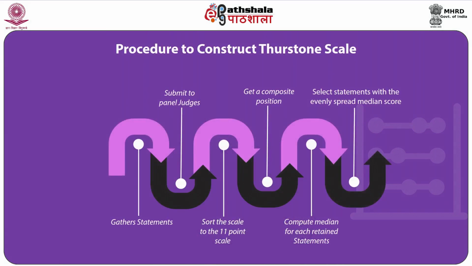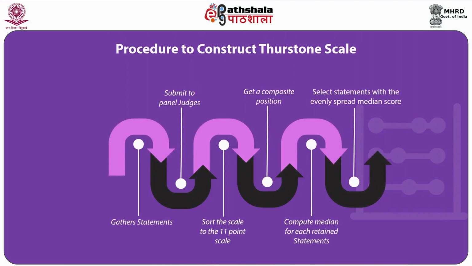Secondly, these statements are then submitted to a panel of judges who are experts in the field of attitudes, and each of them arranges them in 11 groups or piles ranging from one extreme to another in position, some sort of 11-point scale in ascending order from most unfavorable to the issue to most favorable.